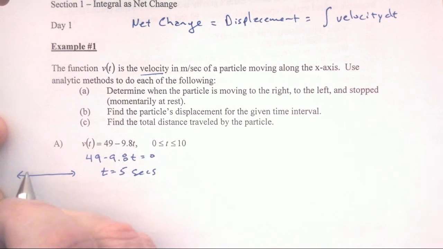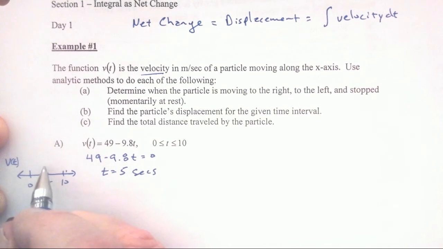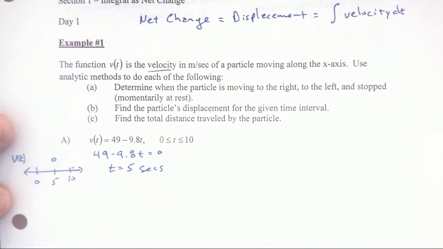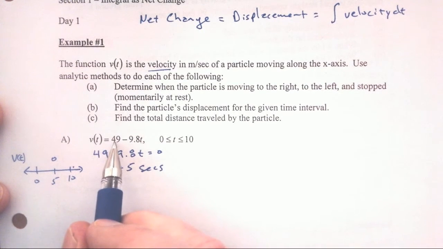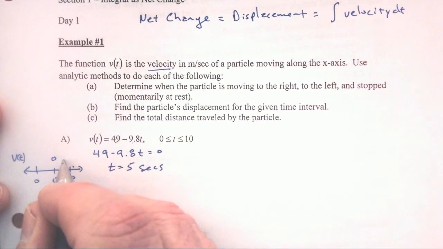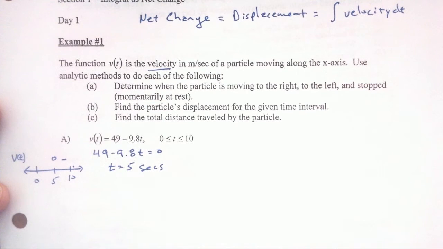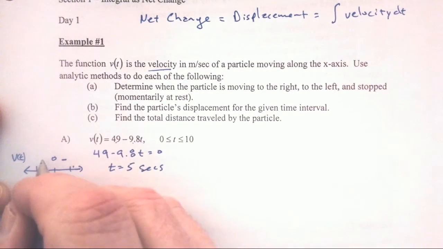We're interested from 0 to 10, and we learned that it stopped at 5, so at 5 our velocity is 0. If I put, say, 9 in here, I get 49 minus almost 90. That is definitely negative. And if I put in, say, 1, I get 49 minus 9.8. That is definitely positive.